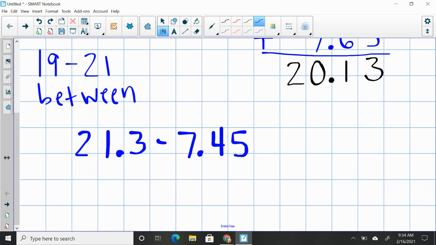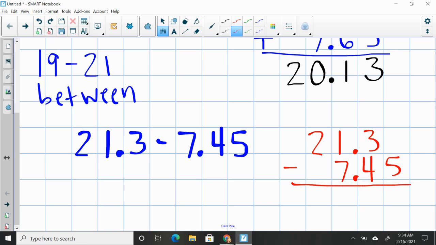And when I write this, I'm going to rewrite it vertically so that I can subtract. 21 and 3/10 is going to go on the top. It is the larger number. So I'm going to have 21 and 3/10 minus 7 and 45 hundredths. Okay, so that's what it's going to look like when it is all lined up.